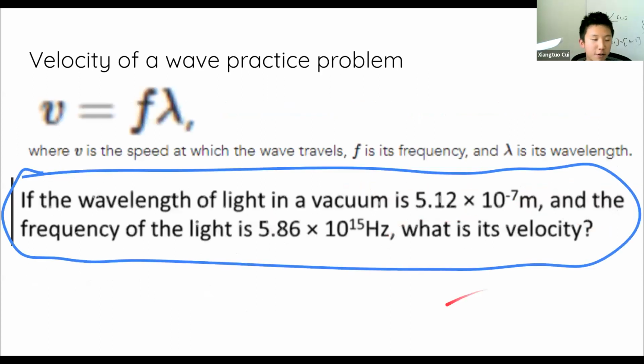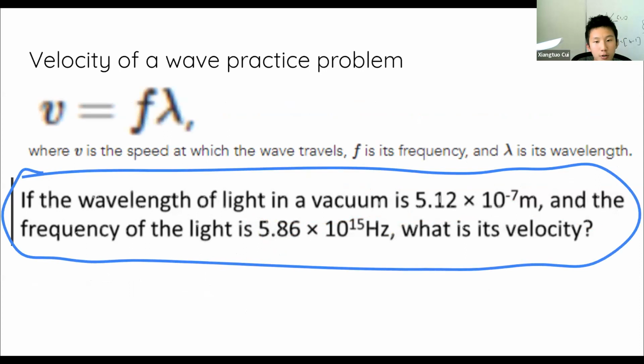So I want everyone here to try a practice problem. So say we have a vacuum where the wavelength of light is 5.12 times 10 to the negative 7 meters. And we know that the frequency of light is 5.86 times 10 to the 15 hertz. Hertz is a unit of frequency.